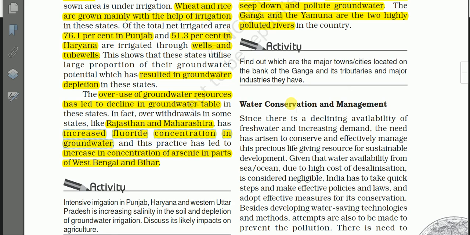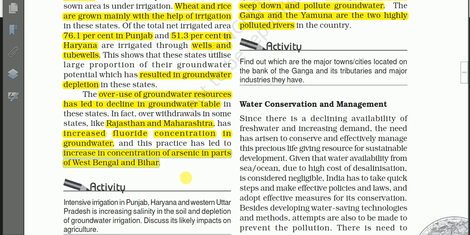No, sir. Then about the health hazards, we have discussed fluorosis, which results from the excessive consumption of fluoride, and overutilization of groundwater has also led to an increase in the concentration of arsenic in parts of West Bengal and Bihar.